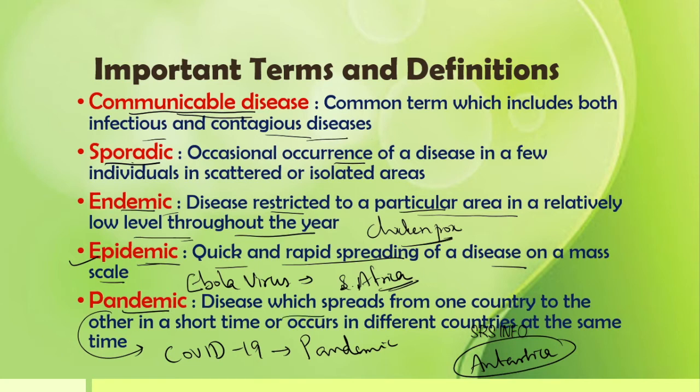The disease which spreads from one country to another in a very short time, or occurs in different countries at the same time, both situations we call pandemic. Either the disease spreads from one country to another or from one continent to another in a very short time, or it occurs in different countries or different continents at the same time. Both these conditions we call pandemic.